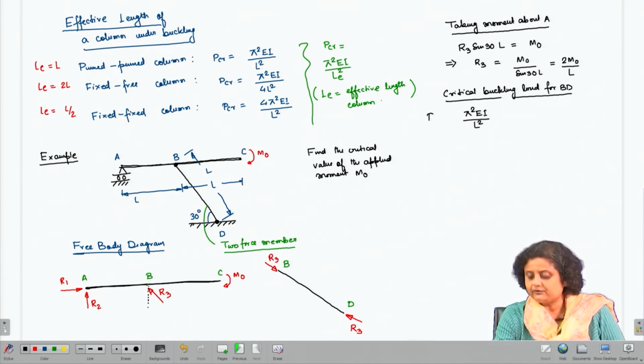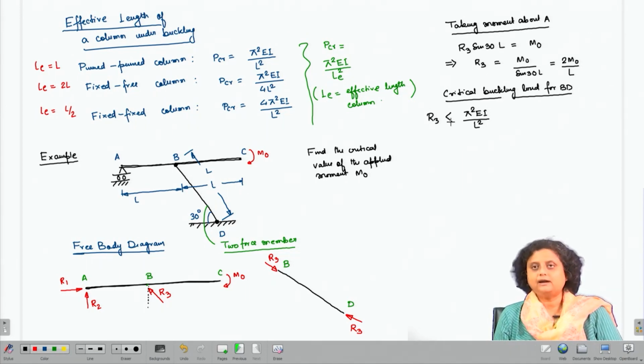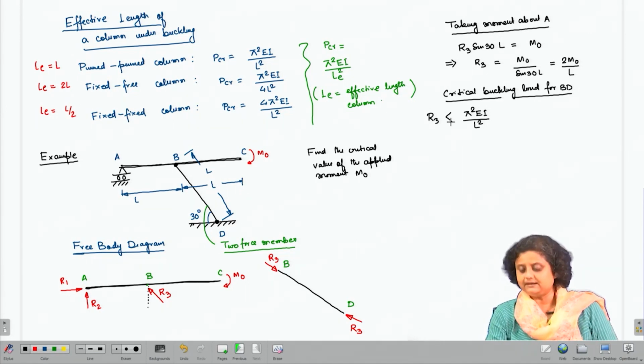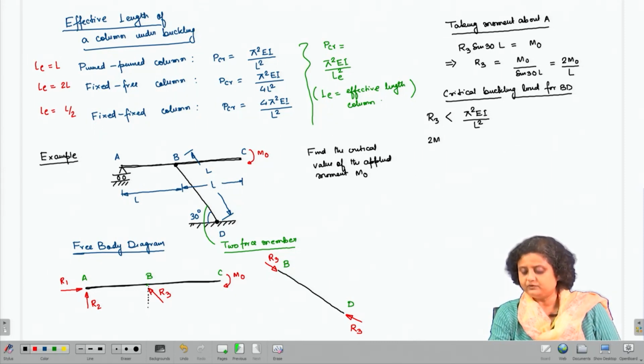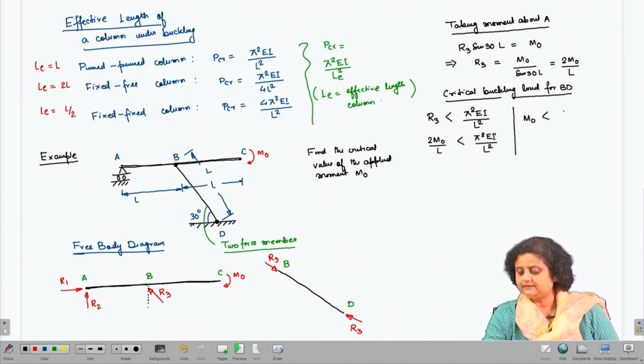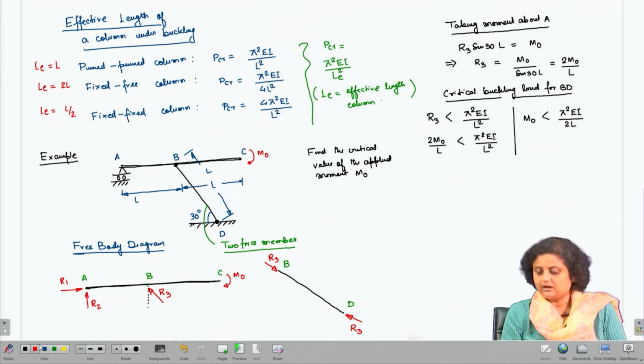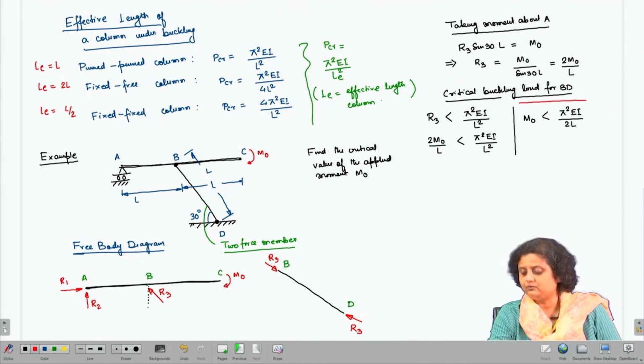So, my R3 needs to be less than this. Now, what is R3? R3 is in turn 2 m0 by L, and that needs to be less than pi square EI by L square. That implies that m0 needs to be less than pi square EI by 2L. So, this is the one criterion that we have got.